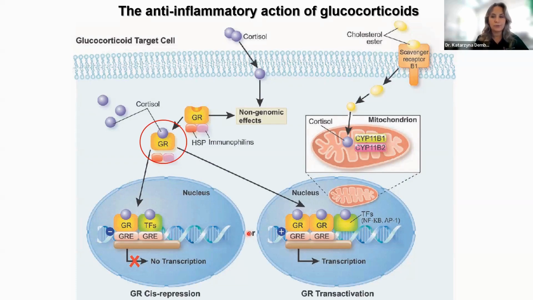Upon binding to cortisol, the GR undergoes a conformational change that allows it to dissociate from the heat shock protein, and it translocates into the cell nucleus. And there it binds to the glucocorticoid response elements to activate or repress gene expression of various inflammatory cytokines and other proteins.